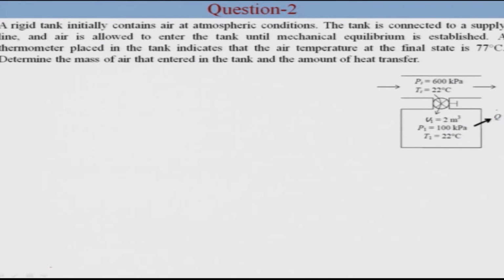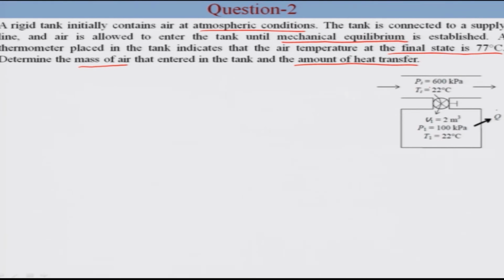A rigid tank initially contains air at atmospheric conditions. The tank is connected to a supply line and air is allowed to enter the tank until mechanical equilibrium is established. A thermometer placed in the tank indicates that air temperature at the final state is 77 degrees centigrade. Determine the mass of air that enters the tank and the amount of heat transfer.